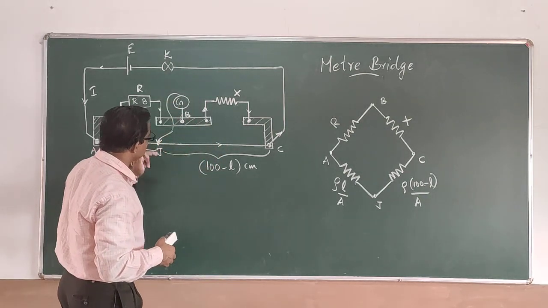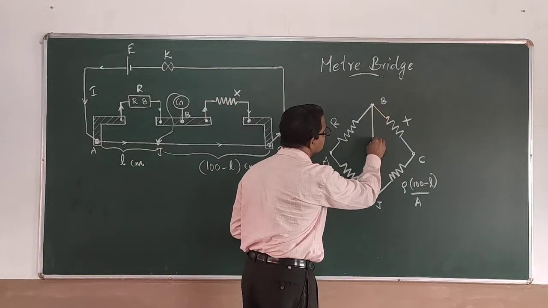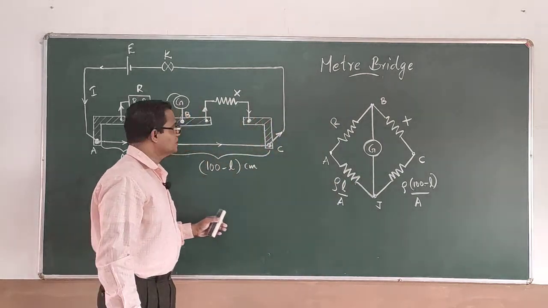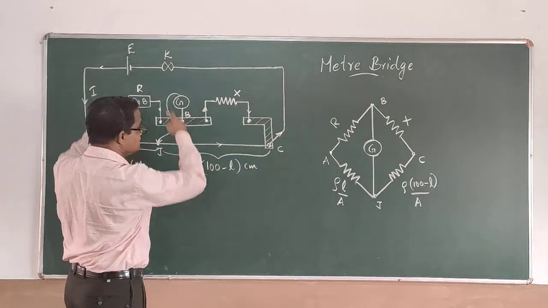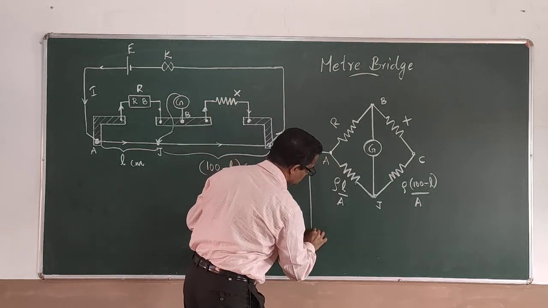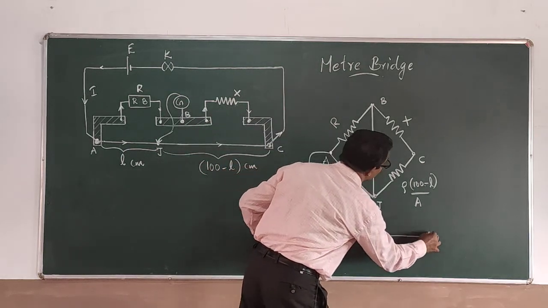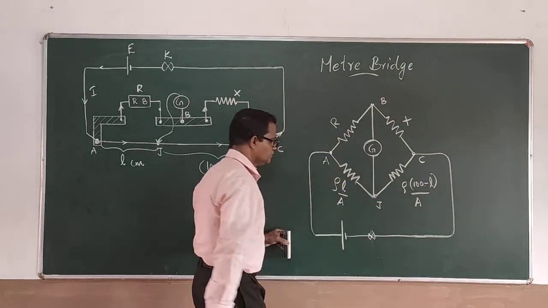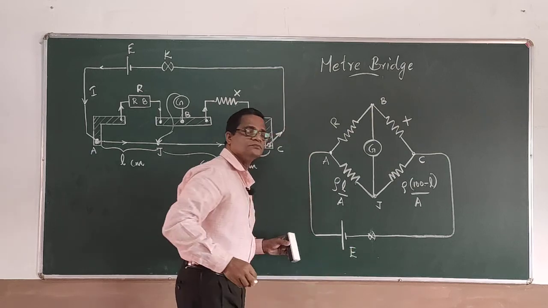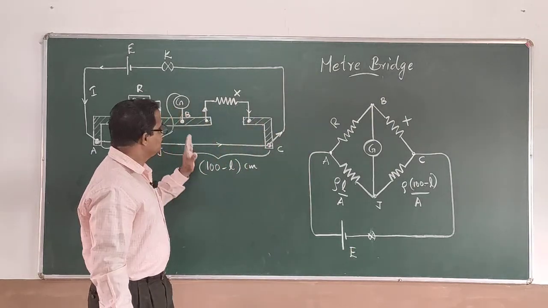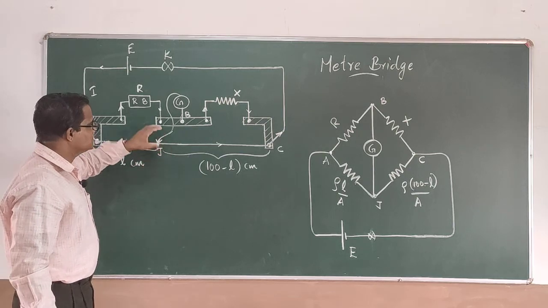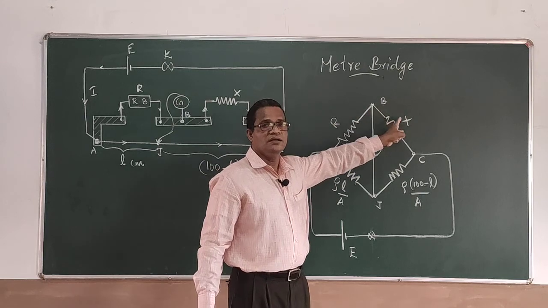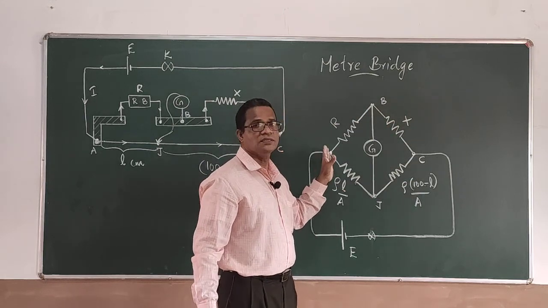Between points B and J comes the galvanometer. And between points A and C, the supply is coming. Now you see, this Wheatstone bridge in the balanced state, you can have a Wheatstone bridge connection.